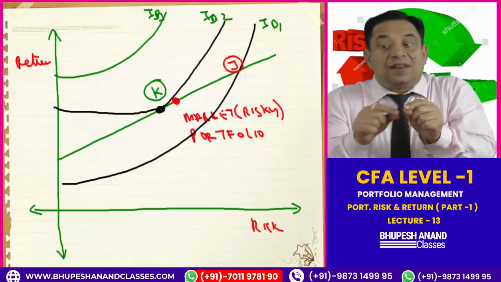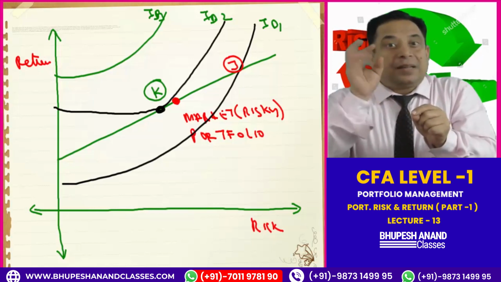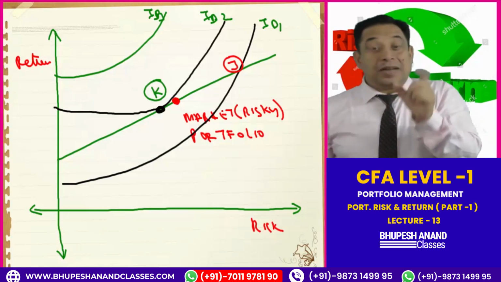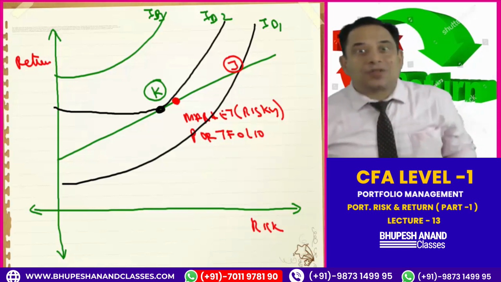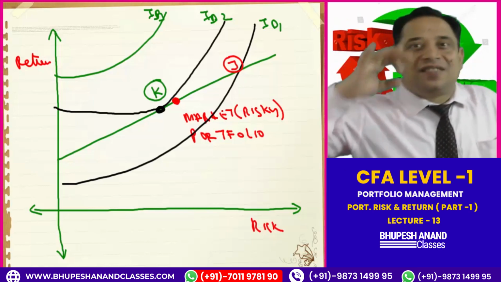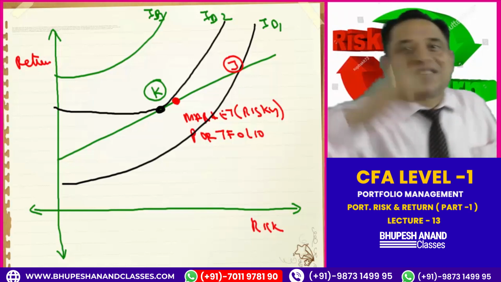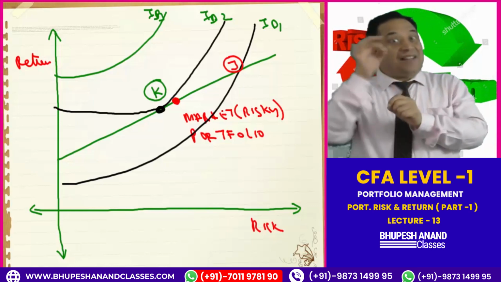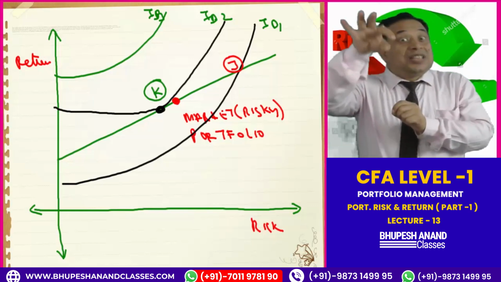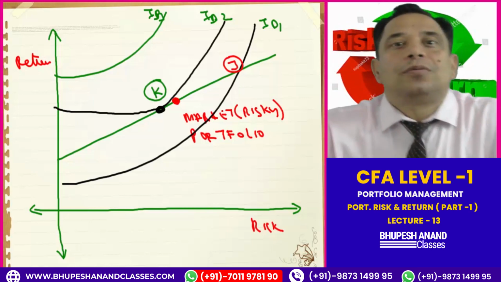Even indifference curve number 1 is tangent to the capital allocation line. So I have numbered them as K and J. But I will select K, because the higher indifference curve will give a higher level of satisfaction. So between K and J, I will be selecting K.